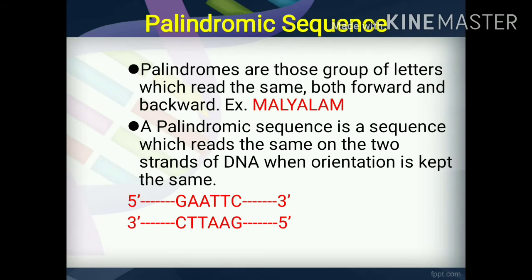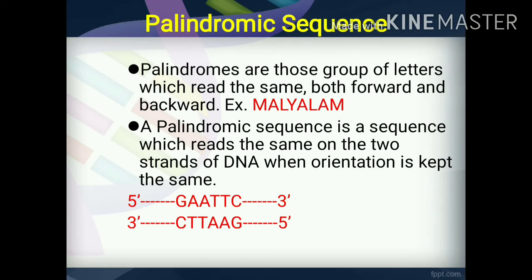Palindromic sequence. Most recognition sequences have restriction sites which are palindromes. In a palindrome, the base sequence of the second half of the DNA strand represents the mirror image of the base sequence of the first half. Palindromes are groups of letters that form the same word when read both backward and forward, for example, Malayalam.